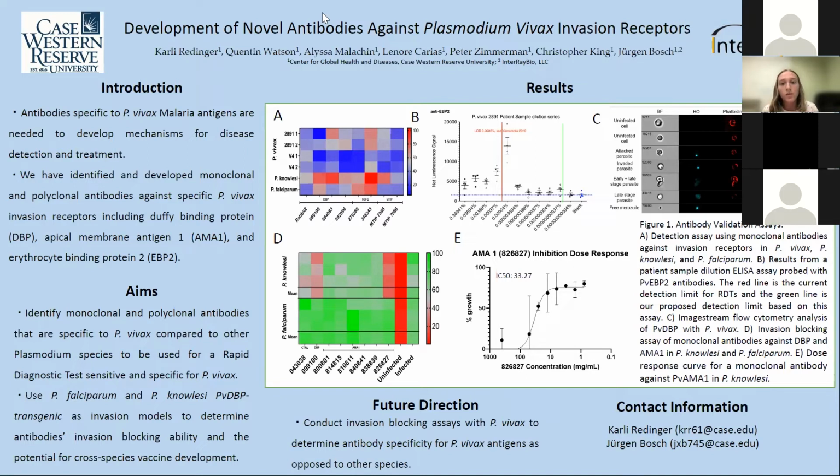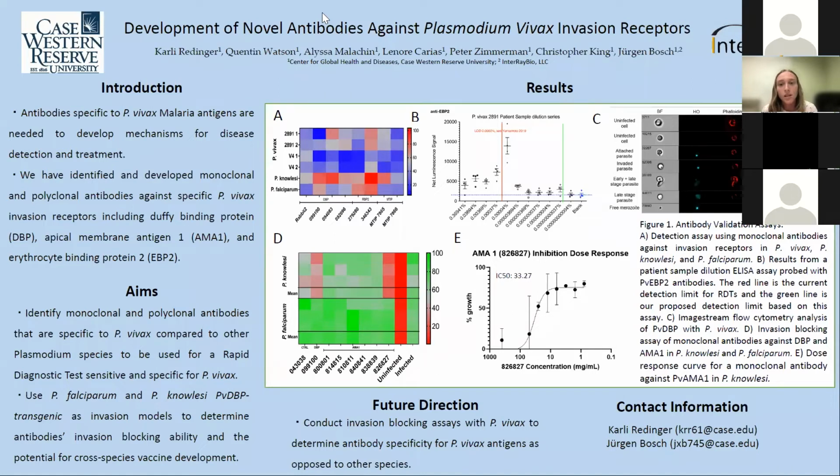Using these models is also beneficial to analyze cross-species reactivity for certain monoclonal antibodies, which could indicate potential candidates for a cross-species malaria vaccine. We plan on continuing these invasion assays with monoclonal antibodies within P. vivax culture to determine their sensitivity for the species in which they were selected.